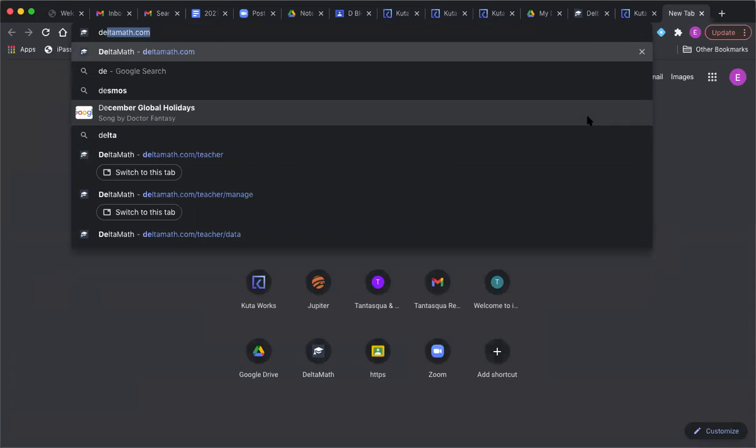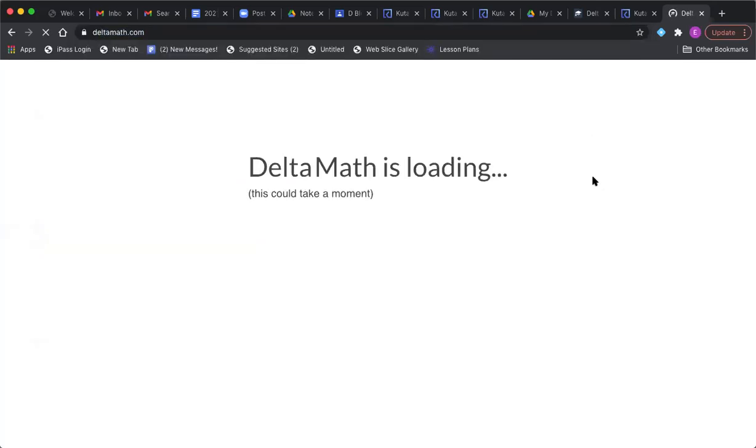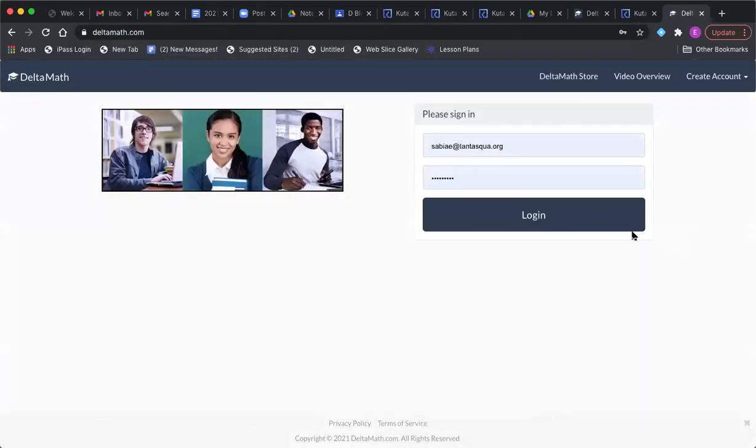So yeah, deltamath.com. So you should have already set up your account yesterday. Then just go ahead and click sign in once you enter in your info, obviously. If you have not yet created an account, we'll have to do that in a few minutes. But everybody else, you should just be able to log in.